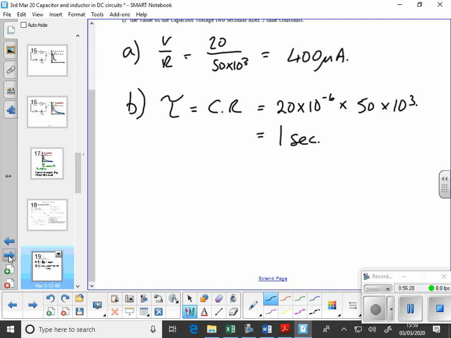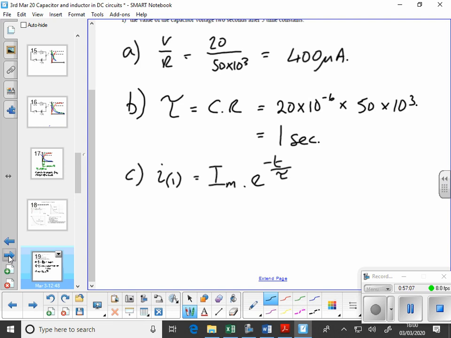So what we want now is the instantaneous current, little i, after 1 second. i at 1 second is equal to the maximum current, which is the initial current, times e to the minus t over the time constant, C times R, or tau. You can either use CR there or you can use tau, it doesn't matter.